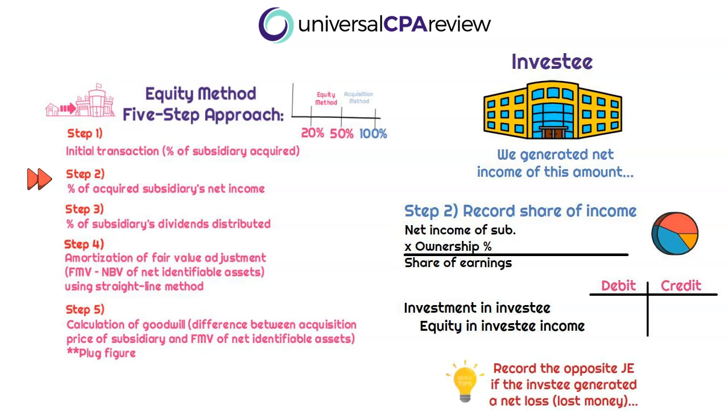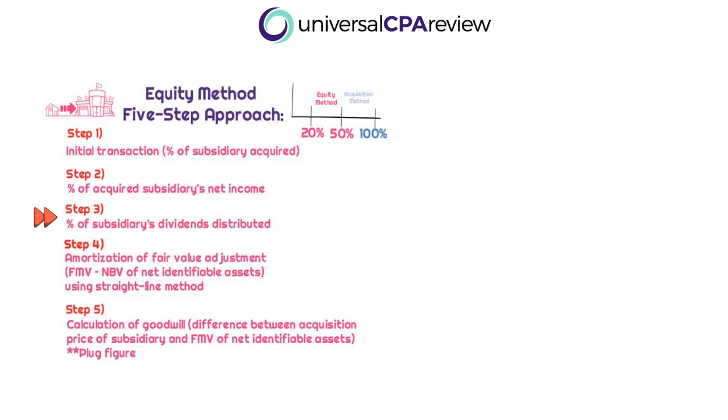So if we had a net loss, well, we would credit the investment in investee account, which reduces the carrying value of the investment on the balance sheet, and then we would have equity in earnings losses, which are basically a loss in our income statement, reducing overall net income. So make sure you understand that we record the share of net income or losses. Now, step 3 focuses on recording our share of dividend distributions.